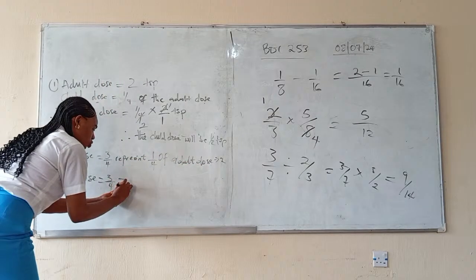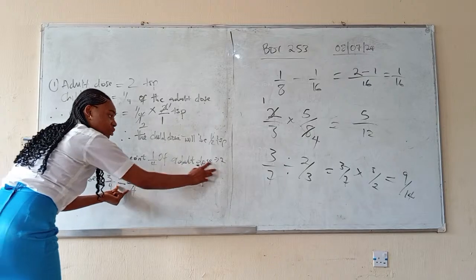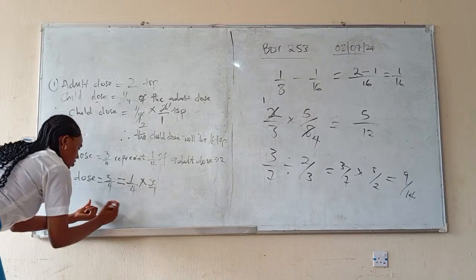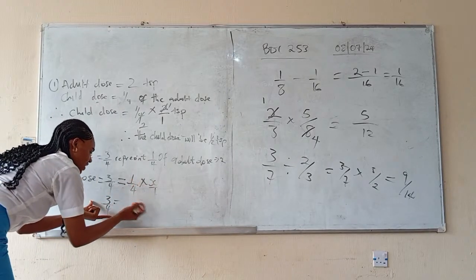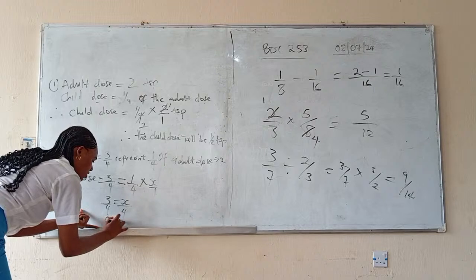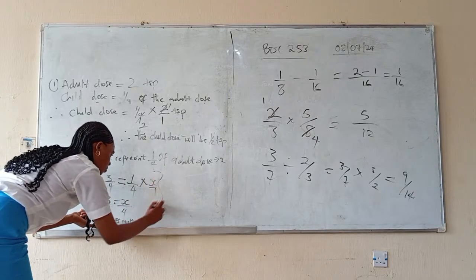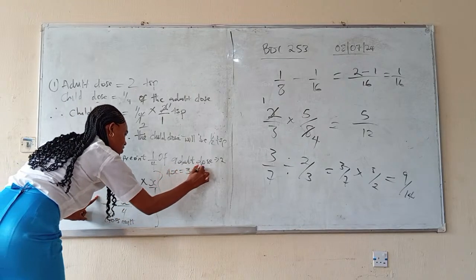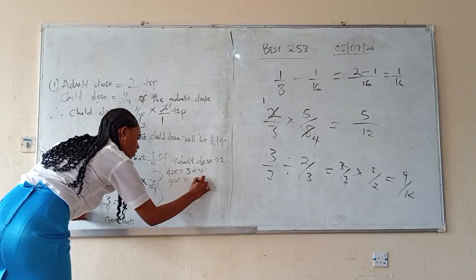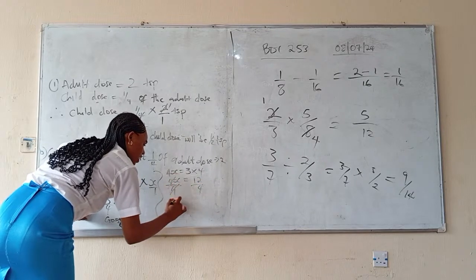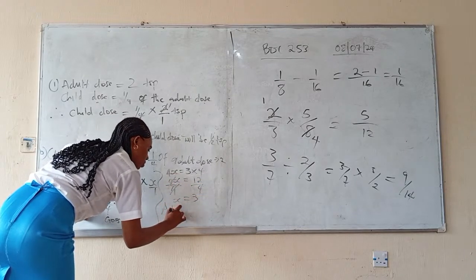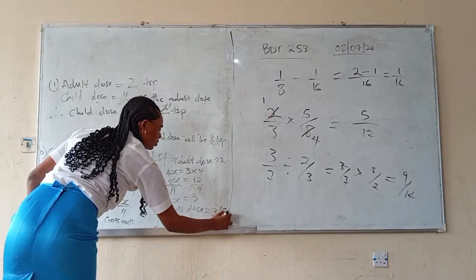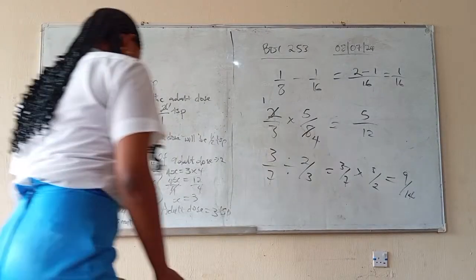You don't know what the adult dose is, so let's call it X. So 3/4 is equal to X over 4. Cross multiply, then divide both sides. X is equal to 3. Is it clear now? Good.